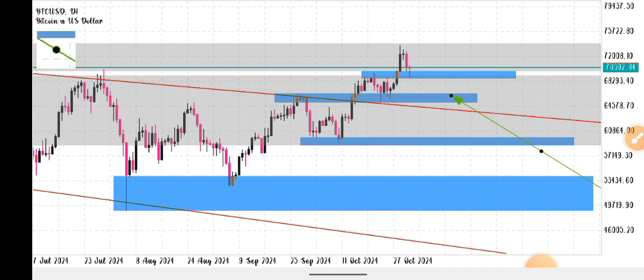Because then it retests this trend line it just broke out of, and also makes a resistance which is a support now to move upwards. So we want to see price come to this zone and move upwards, or come to this zone and move upwards. It's going to be any of these things.